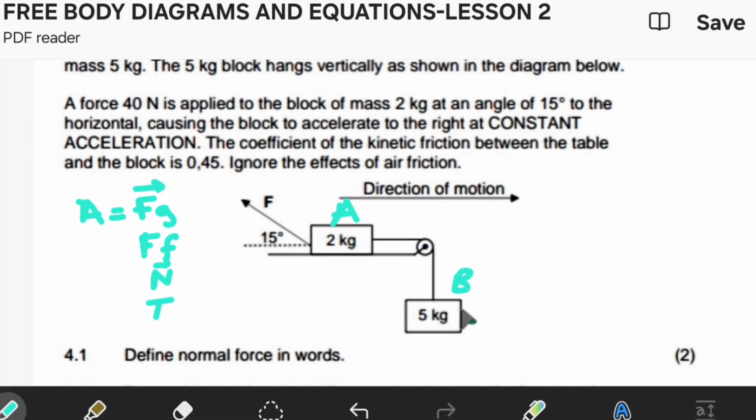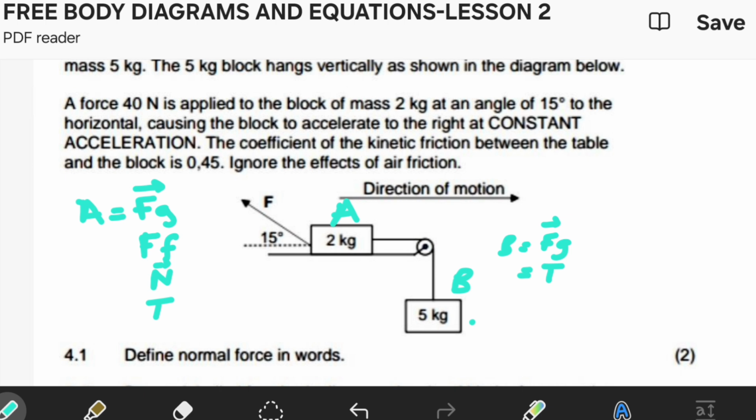This 5 kg block hangs vertically as shown in the diagram. So our block B is going to have Fg as well because it has mass, and also tension because it is connected to that other block.